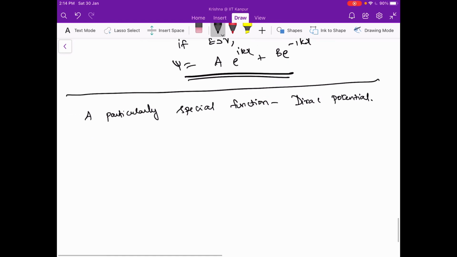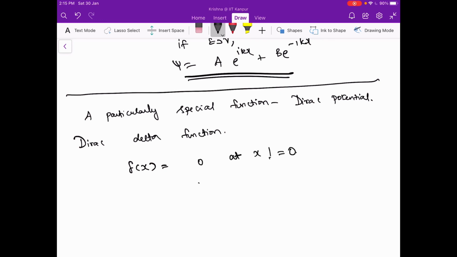A Dirac delta function is defined as delta of x, which is 0 at x not equal to 0, and is infinity at x equal to 0. This is how the function is defined, right?